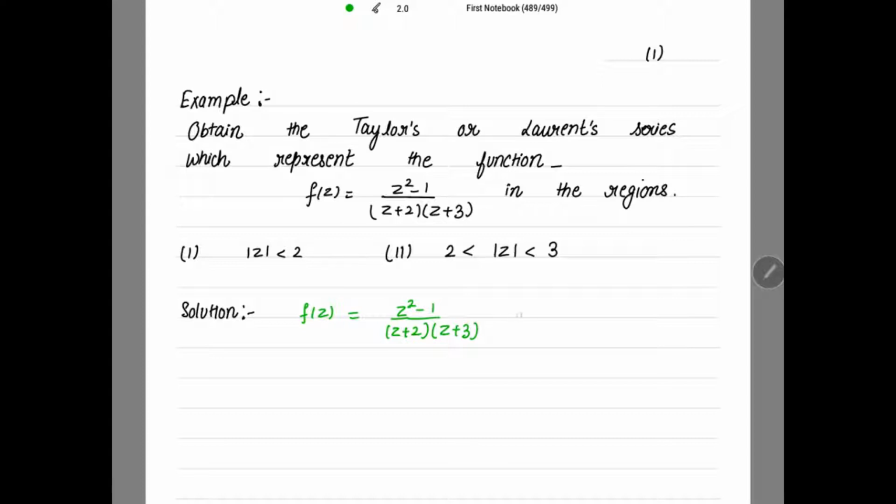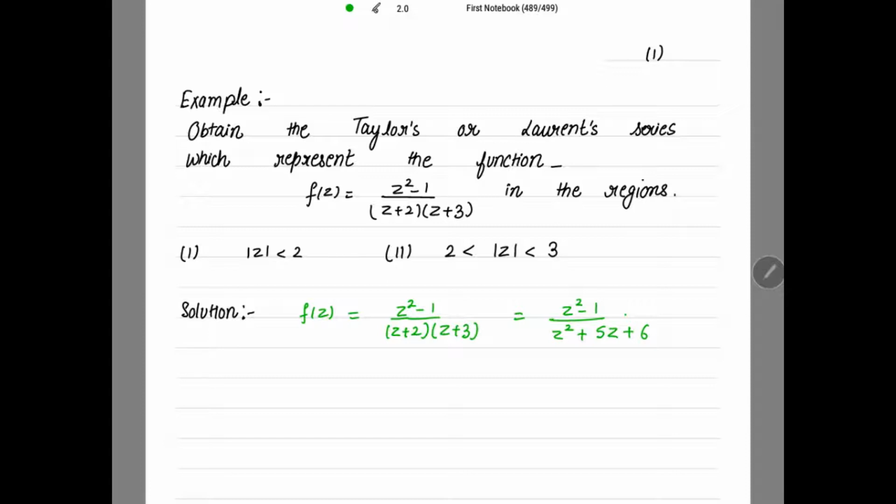If you solve the denominator, you are getting z² + 5z + 6. Now you will see that the power of the numerator and denominator are same, right?